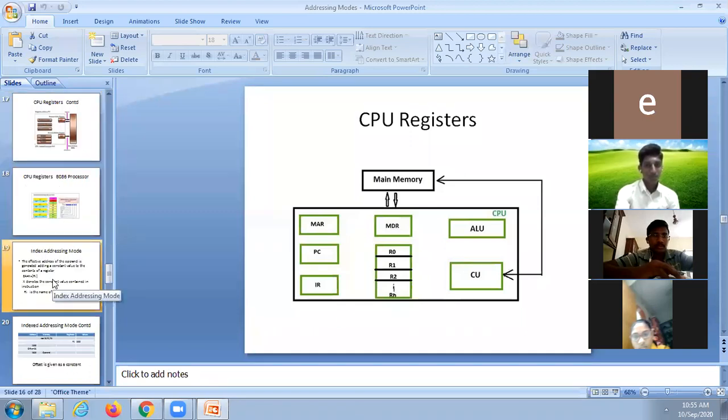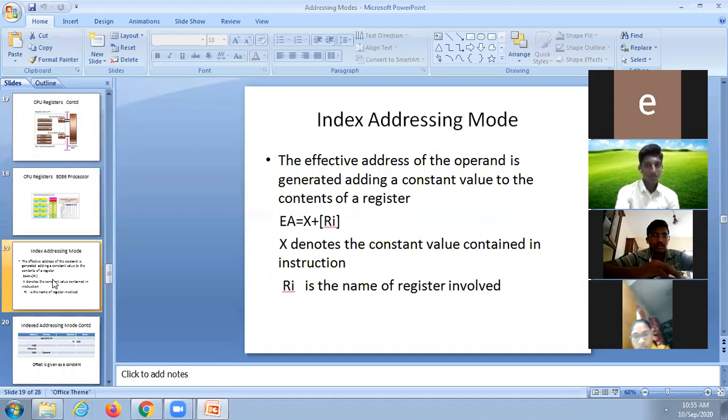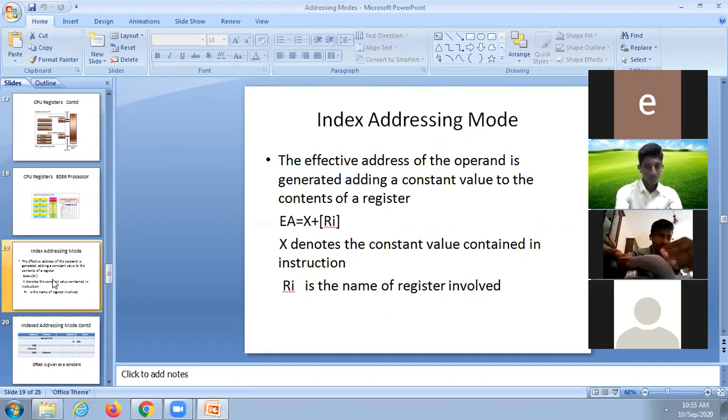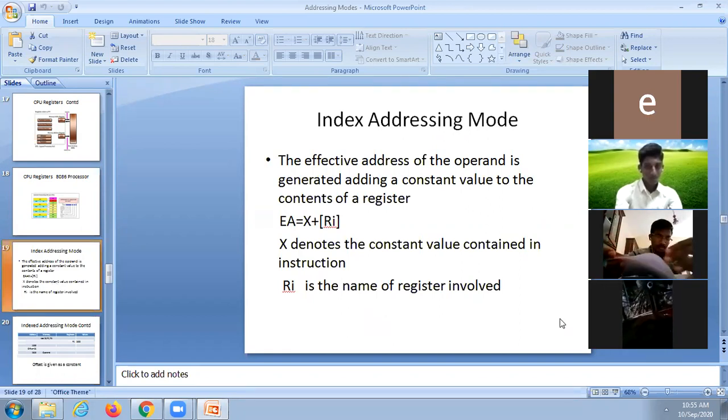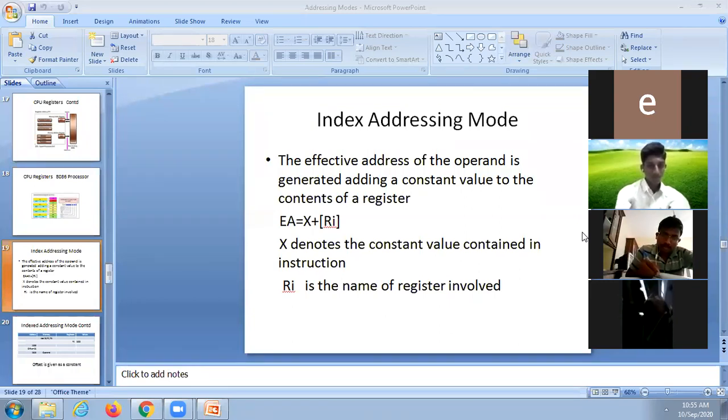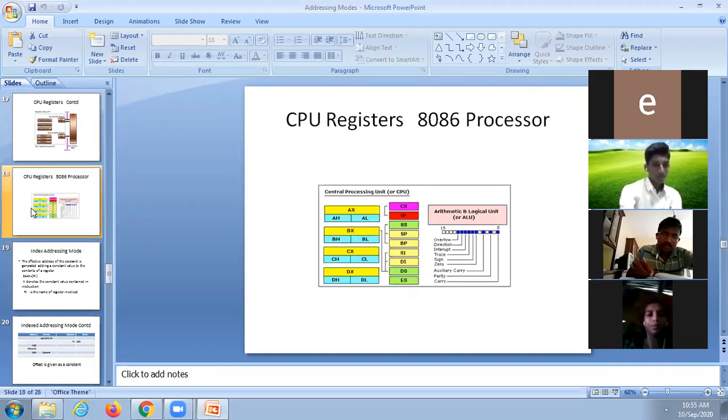Then again come back to the addressing modes. This is the indexed addressing mode. Here in the indexed addressing mode, we have three types of index addressing modes. That is simple index addressing mode. This was already explained yesterday.